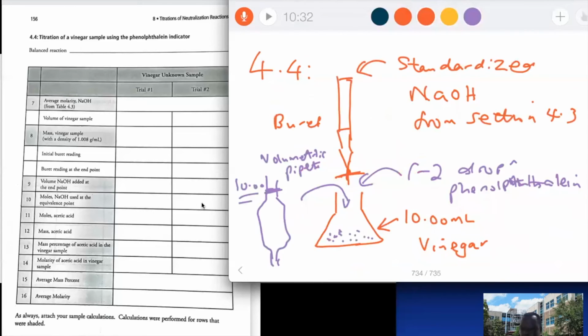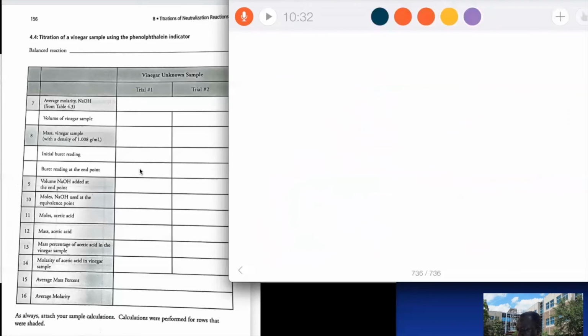And then the titration: here we have the initial and final readings. When the meniscus is up here, this is V initial, and here is V final. The data you plug in here is given in the PowerPoint slides. The difference between the two gives you number 9.